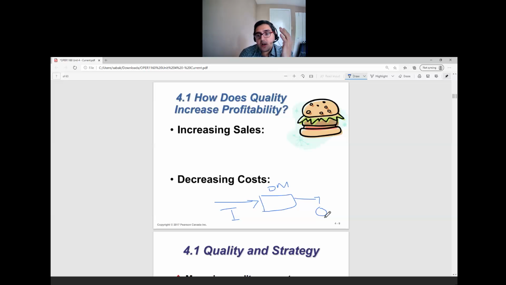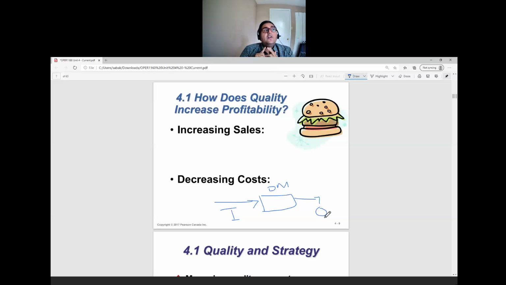And if the process quality is very good, that means when you try to convert an input to the output, you can more efficiently convert our inputs to the output. That means it can help in decreasing the cost. So in both ways, you can increase the profit because profit is revenue minus expenses.